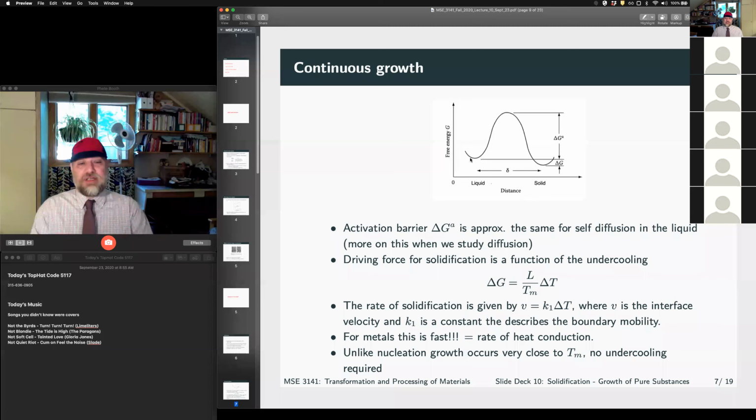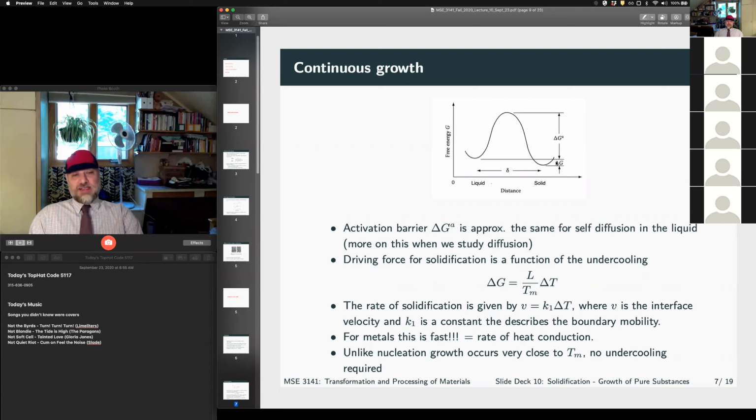It just happens that this forward process is happening faster than the reverse, so that the net movement is for the formation of solid, right? Our driving force here, this change here, is going to be sort of a function of the undercooling, right?